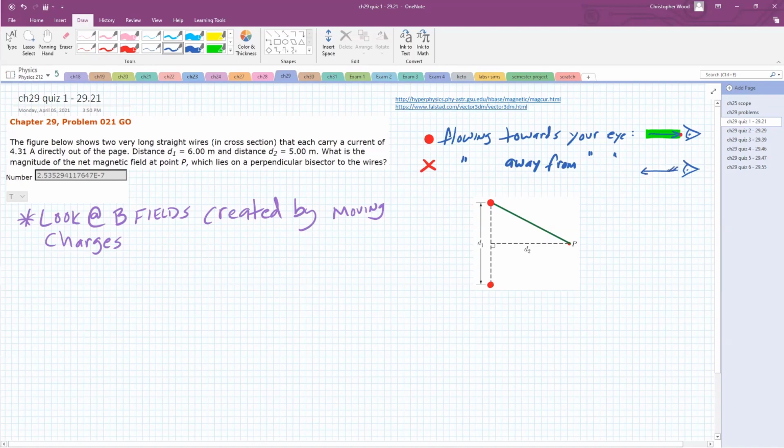The thinking there is it's an arrow, and here are the tail feathers of an arrow, just like there's tail feathers to this arrow. If you see an X, it's because you're looking at the tail feathers flowing away from you. So that's represented as an X. In this case, we have dots because this problem is saying the currents are flowing directly out of the page.